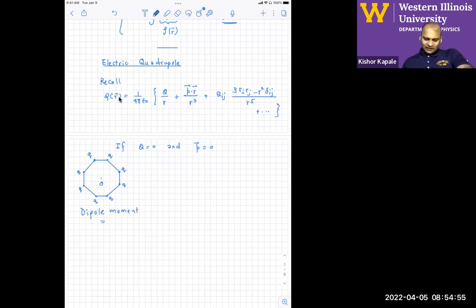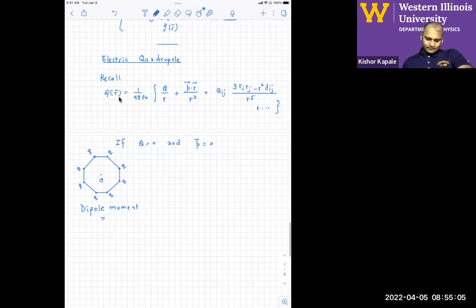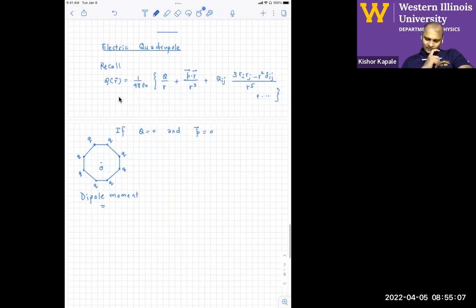Now let's be a little clever about this. What if I take alternating positive and negative charges, that kind of works.